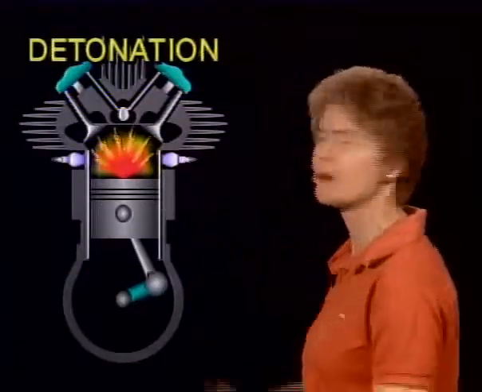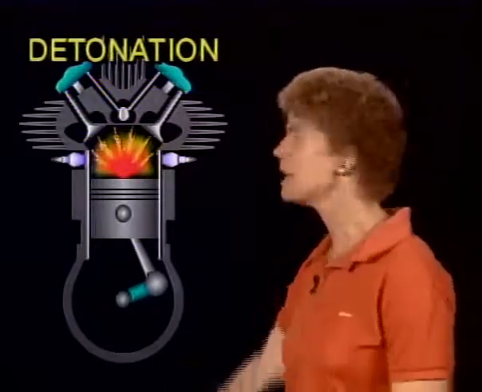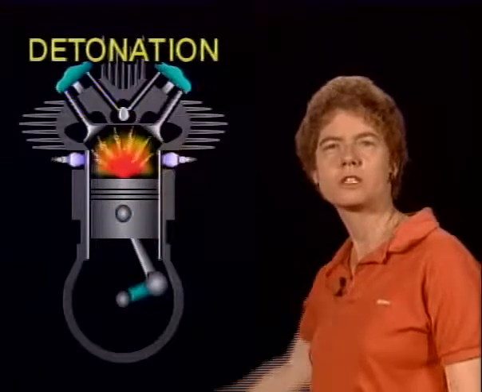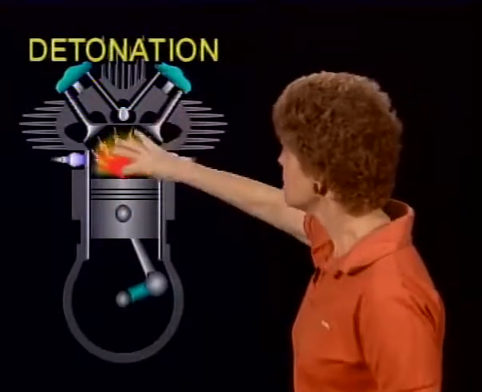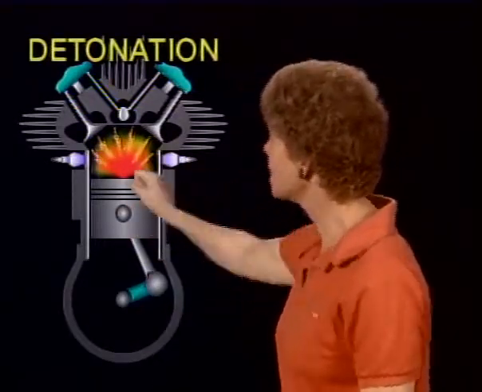Detonation is caused by a number of things, one of them being running lean, the other being using fuel with too low an octane rating. But the reason you get detonation in this case, as opposed to a backfire through the carburetor, is because you're operating at high power settings.